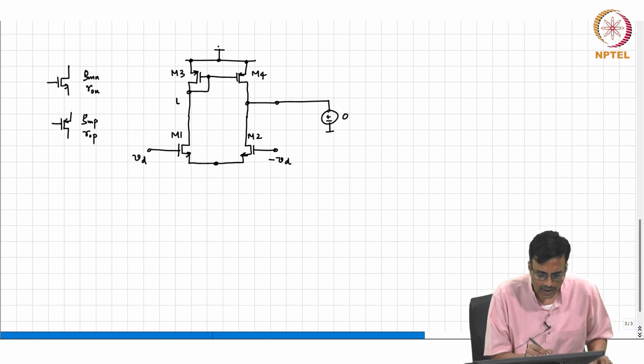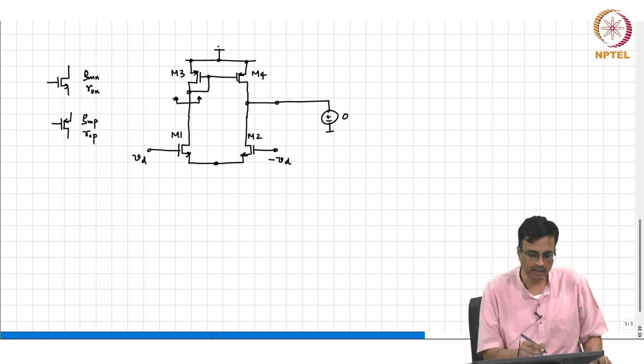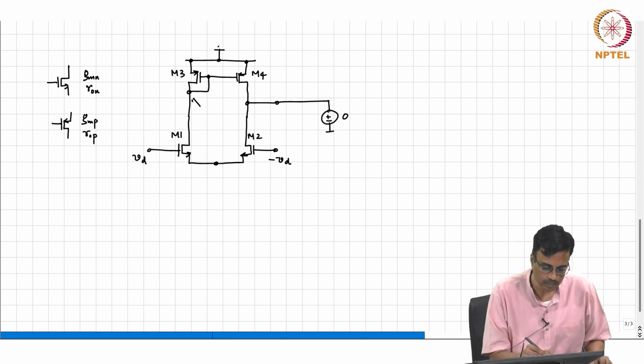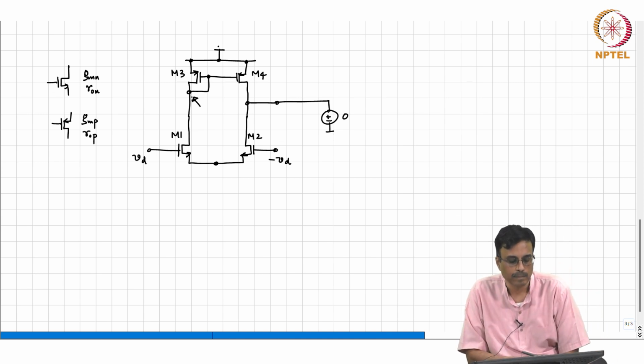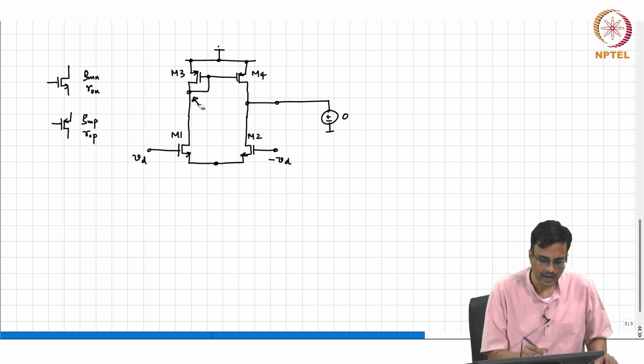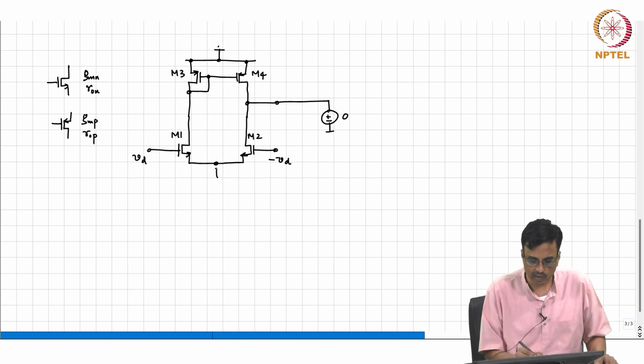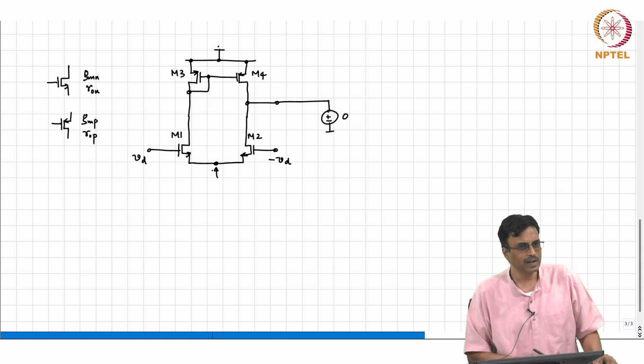However, what comment can you make about the incremental voltage at this node? So, basically, we know that this is going to be not 0, but it is going to be only close to 0.